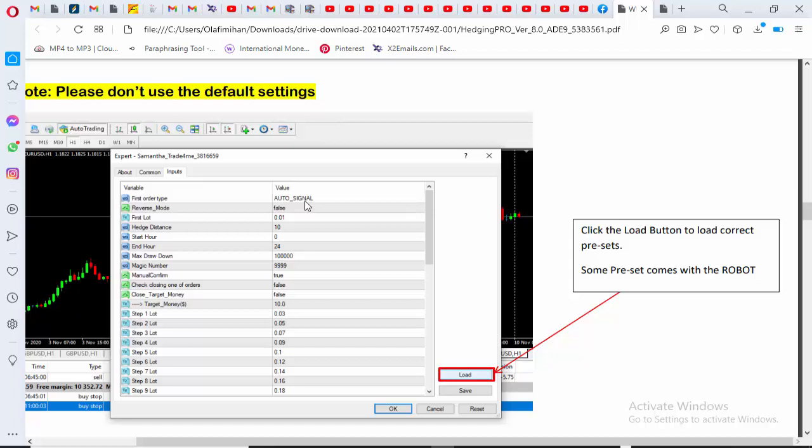Because let's say two traders are trading, you have a capital in your account, somebody has $10,000 and somebody has 10,000 cents.